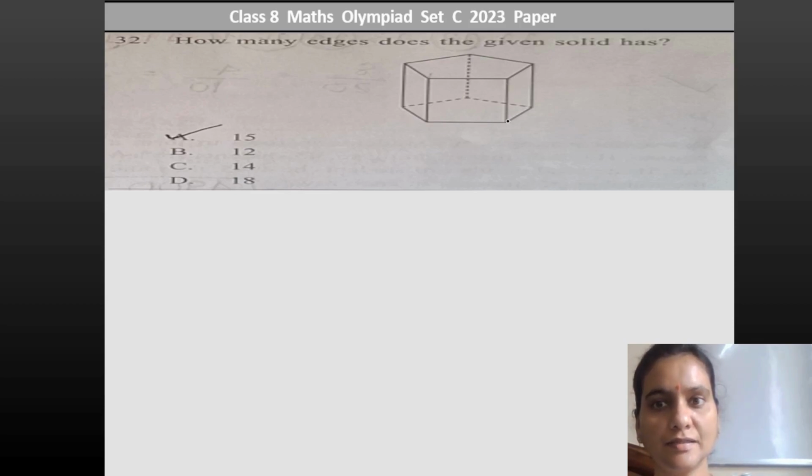And the edges joining the top pentagon and the base pentagon are 5. So 5 at the top, 5 below, these are the two pentagons, and 5 edges joining the top and bottom pentagon. So the total is 15. Option A, which is already ticked, is the correct answer for question number 32.